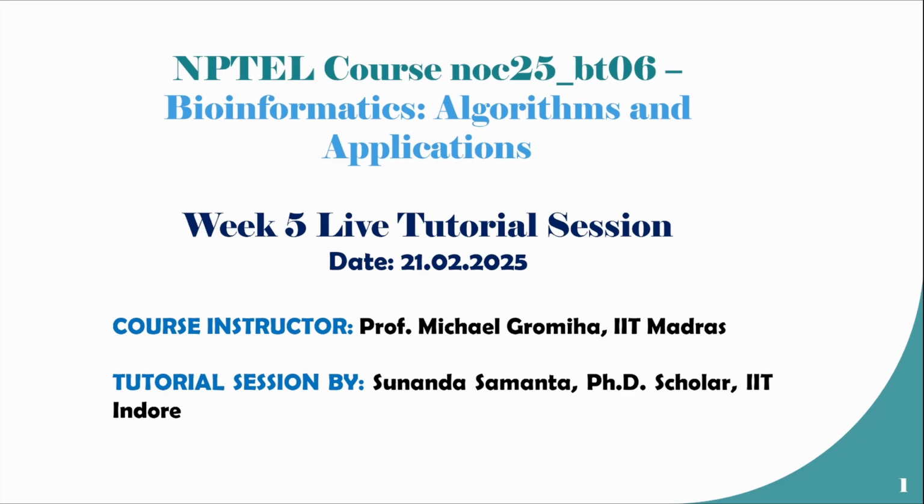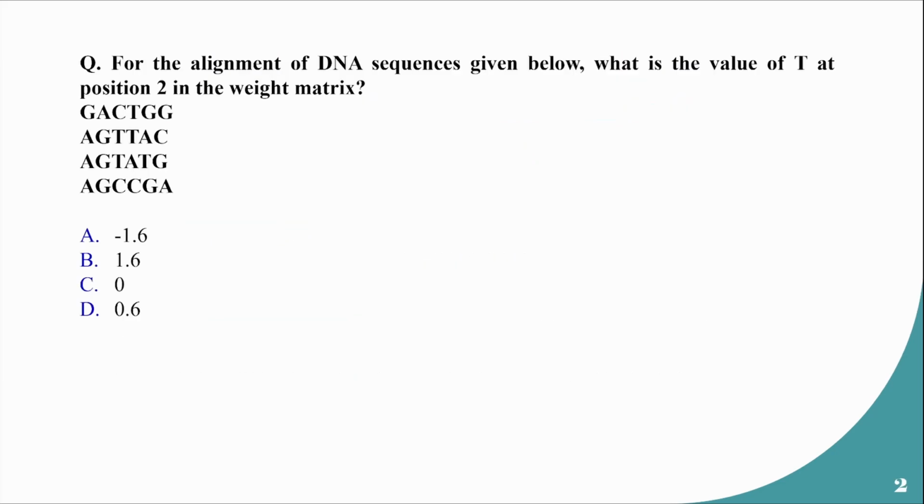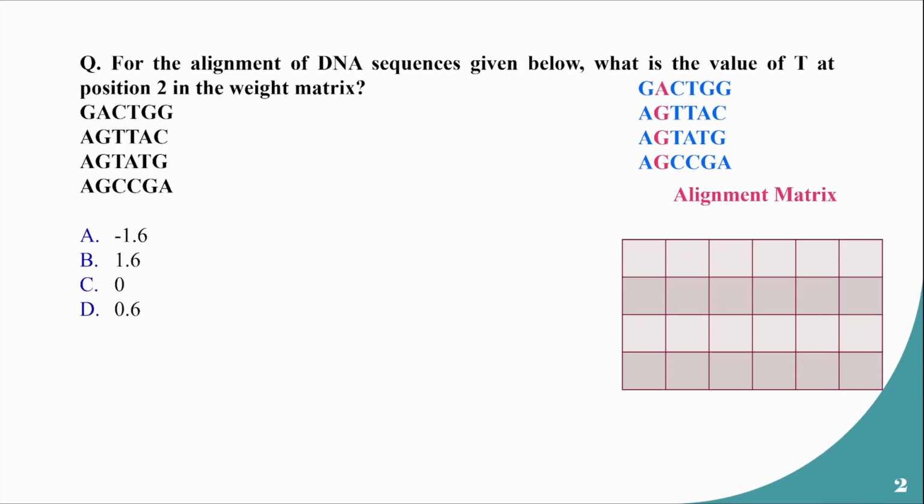Okay, for a brief coverage of last week's class, we found out that we could calculate, for example, in a weight matrix, or any alignment matrix, the value of certain components at certain positions of the sequences, right? That can tell us about the conservation or the propensity of that particular component to be present at a particular position in a sequence.